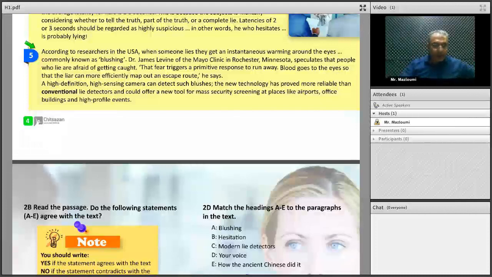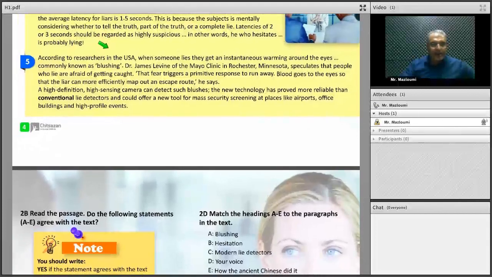As the researchers show, when a person is lying, there is an instantaneous warming. Instantaneous means immediate, quick warming around the eyes, and we call this warming around the eyes blushing.